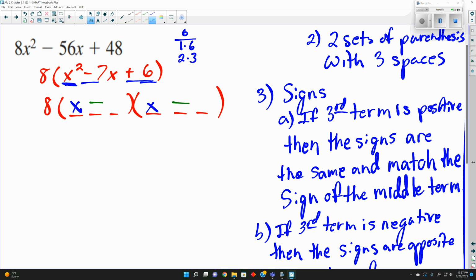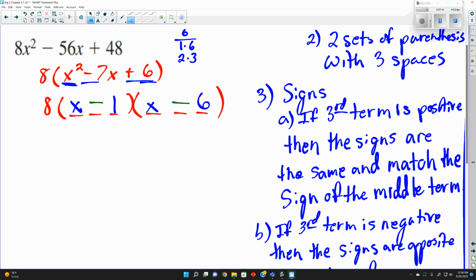Which one do we want to try first? And again, we're not going to necessarily pick the correct one first. We just pick one of the sets of factors and plug it in and try it. Because again, our last step is to check, yes?